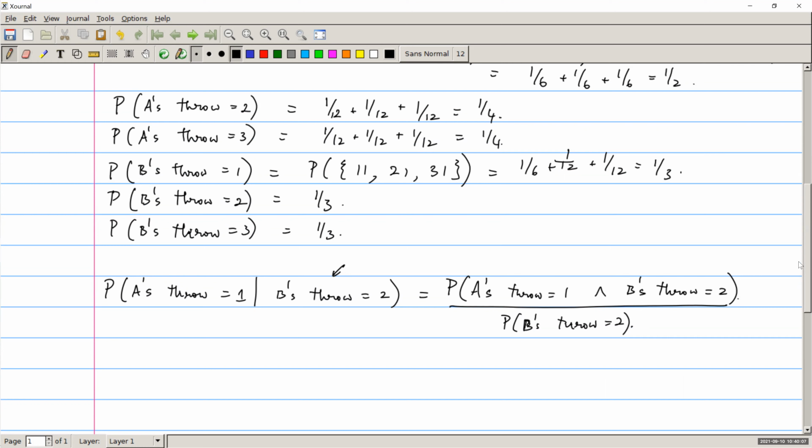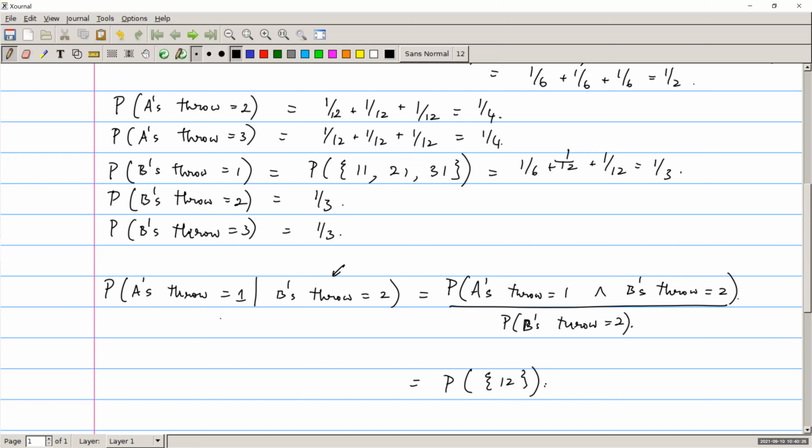If you combine these two, A's throw is 1 and B's throw is 2, what is the event? It's just the single element subset (1,2).